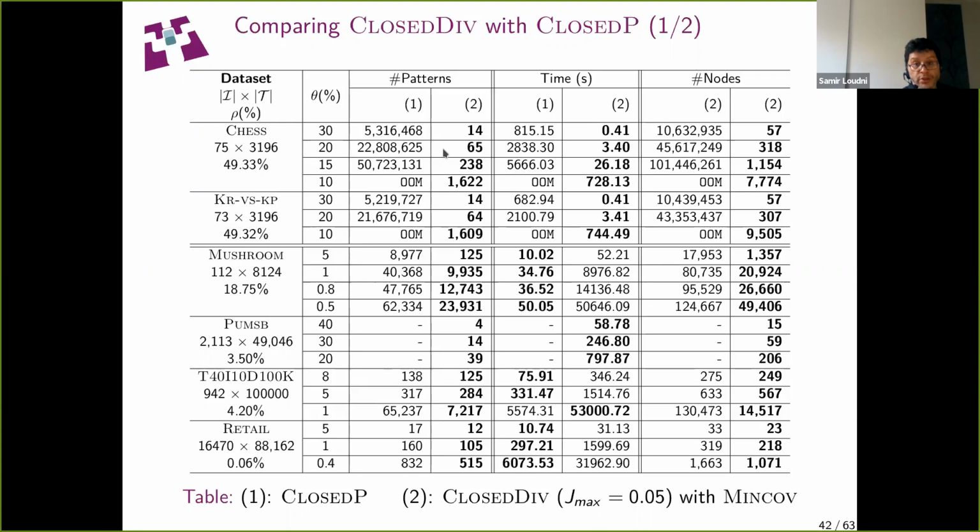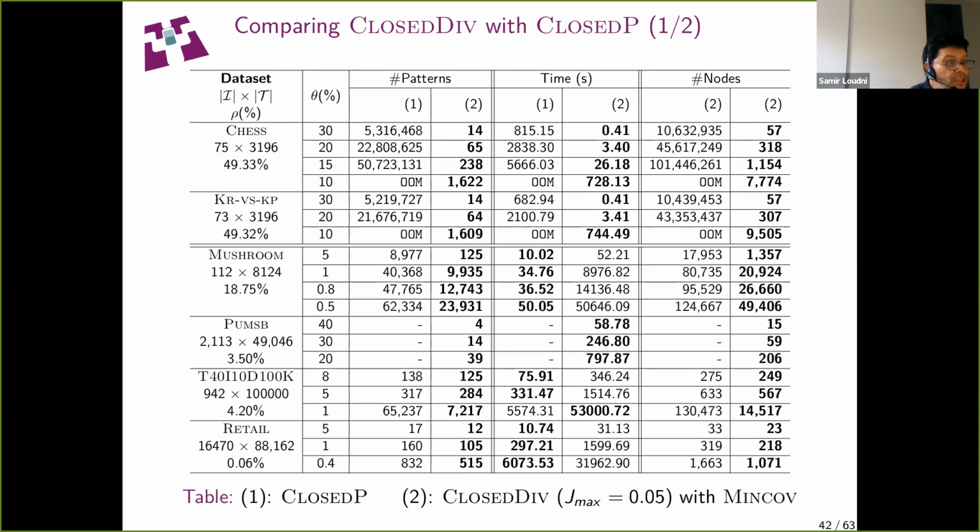For example, if we consider a chess data set with theta equal to 10%, closed diversity completes the extraction in about 700 seconds, but closed pattern runs out of memory. So these are very nice results in terms of runtime.